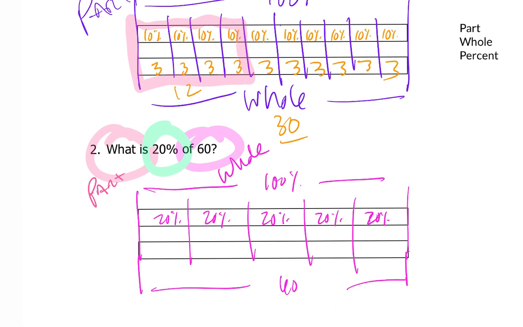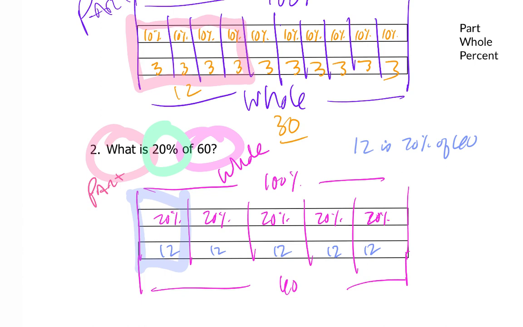So each one of these is 12. Well, 20% is just this one right here, so that's 12. So our answer is, we say 12 is 20% of 60.